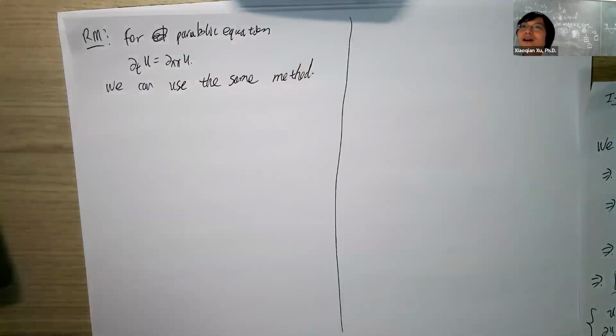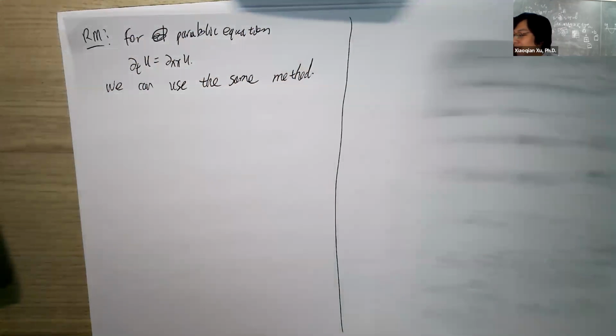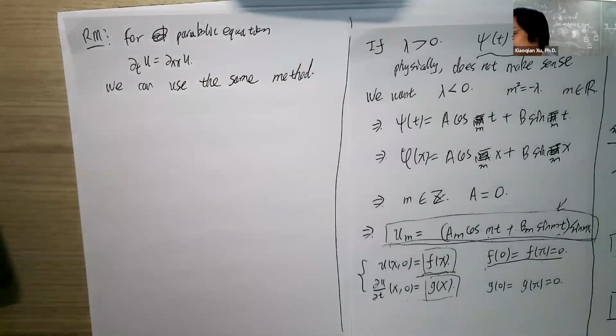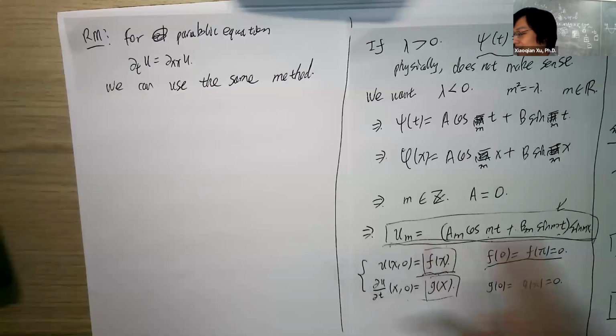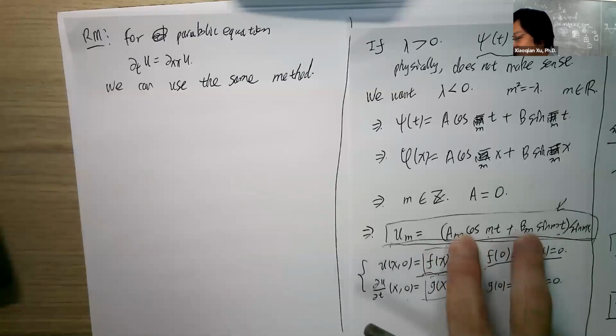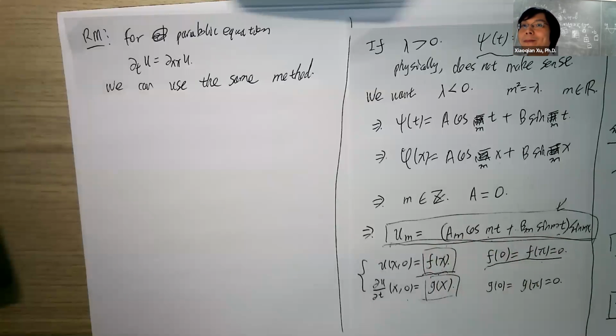And you will find that the only difference is you just change a little bit some terms here. We can still use the separation of variables to find this kind of solution form, but then it will turn out to be a similar problem in some sense, okay?